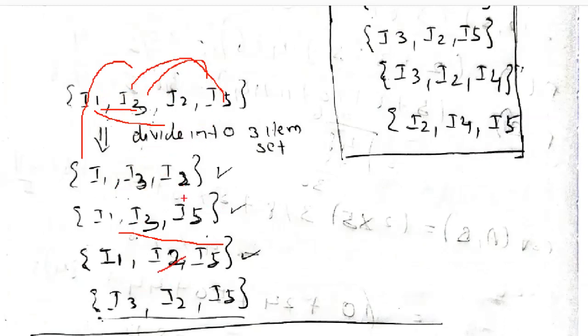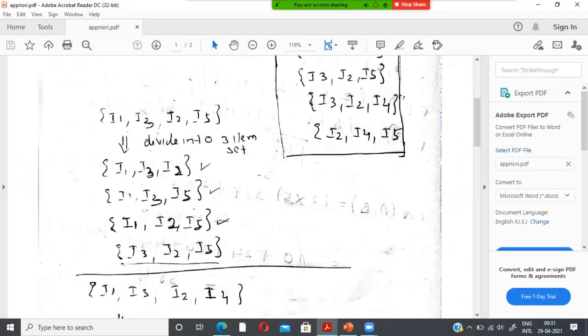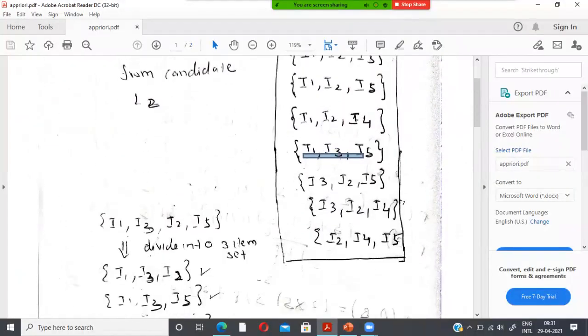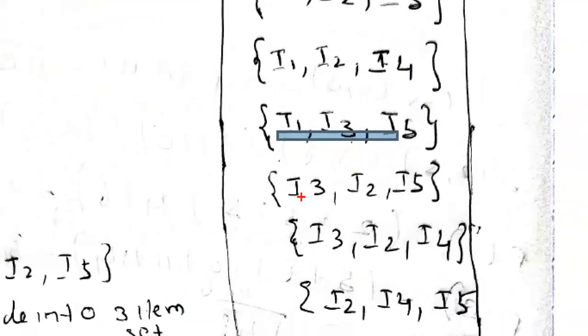Here 1, 2, 3 is in the database, 1, 3, 5 is in the database, and 1, 2, 5 is also in the database. 2, 3, 5 we have to add. I have added 2, 3, 5 in the database, and I'm adding 2, 3, 5 in the L2.